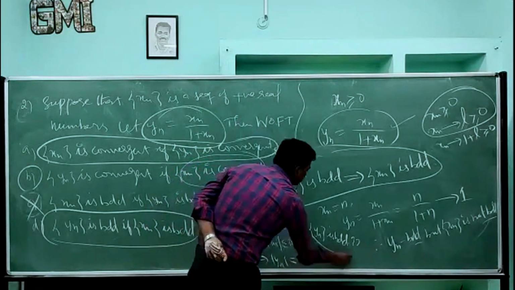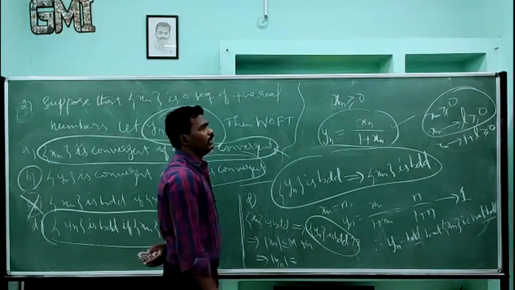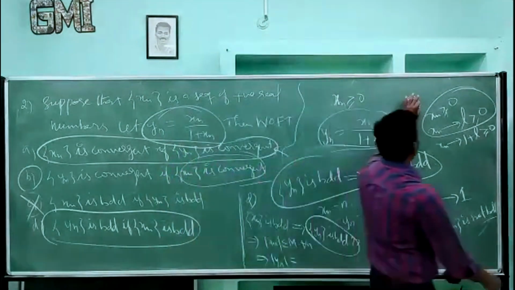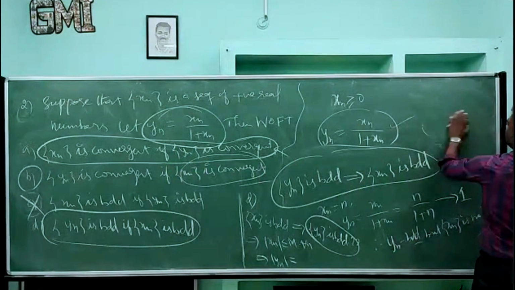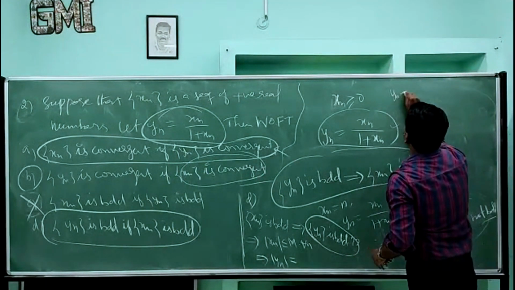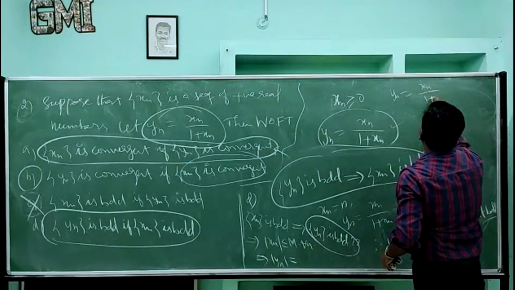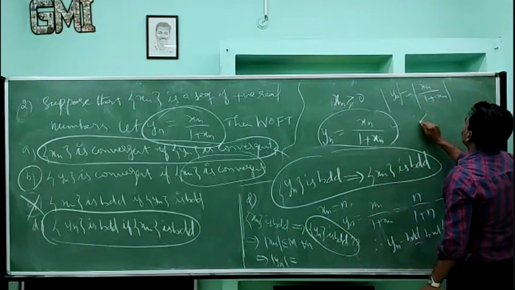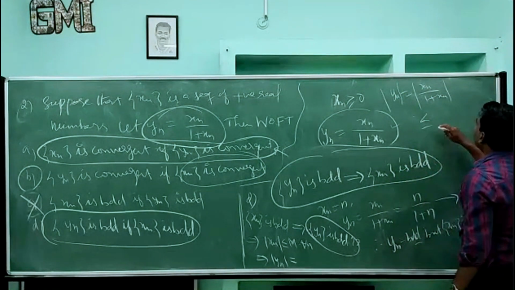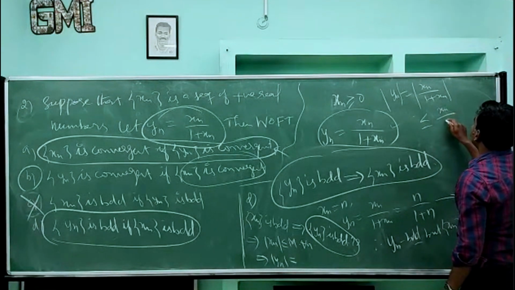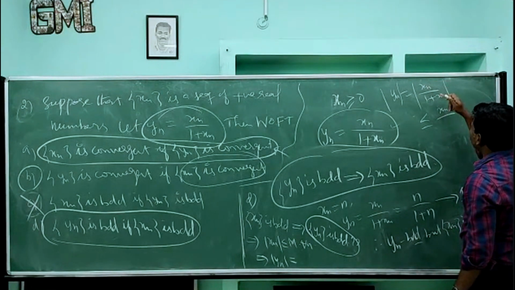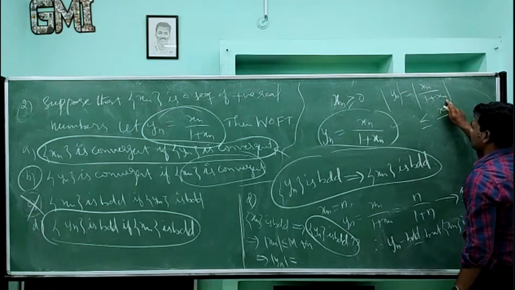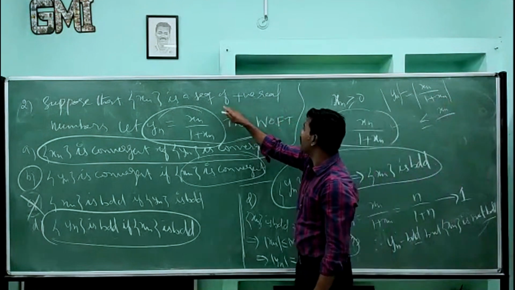We are going to check whether yn is bounded. Yn equals xn by 1 plus xn. Taking modulus, this is less than or equal to xn by 1 plus xn, where xn is positive and 1 plus xn is also positive, because xn is a positive real number.